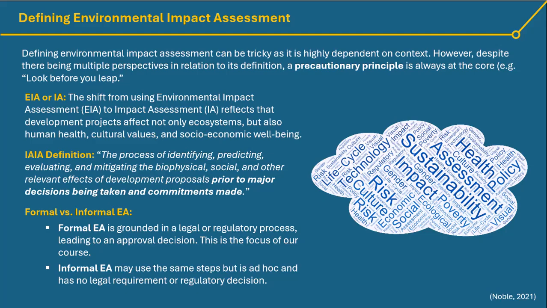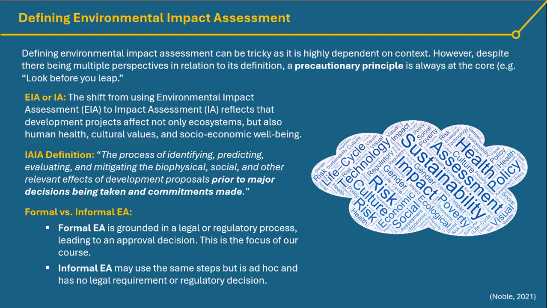So, let's take a moment and break that down a little bit more, because not all EIA processes are the same, right? Noble is very clear that we need to distinguish between formal and informal environmental assessment. So, when we're talking about formal EA, this is the one that most of us are going to be familiar with.